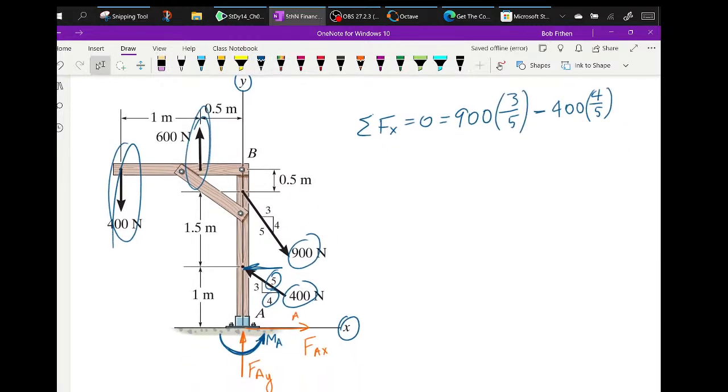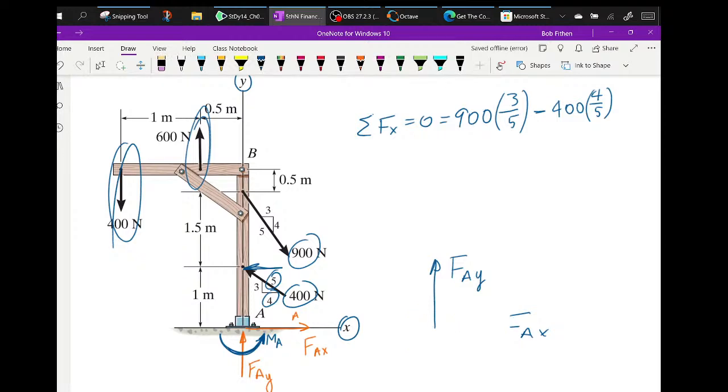You would say I'm done, right? Except the ground is actually supplying or holding back by this amount. Now, you notice something, and I do this quite often. If I don't know where the direction is, I almost always put them in the positive x direction. And this being the case, you can see that this is positive.